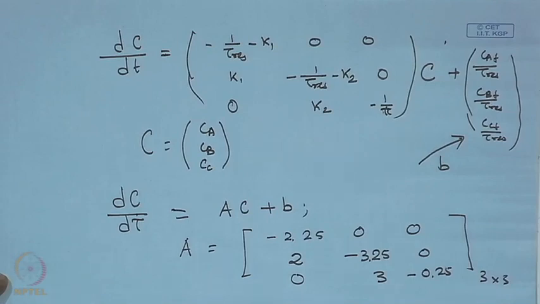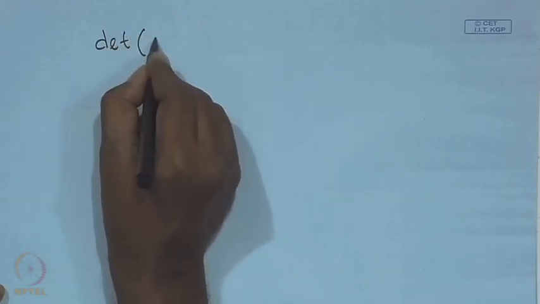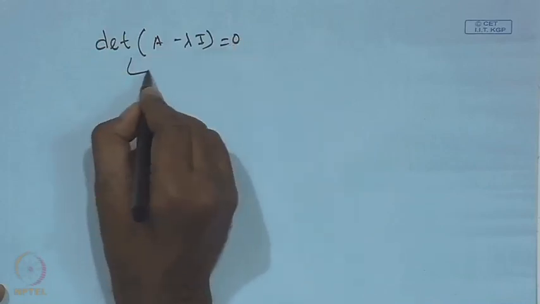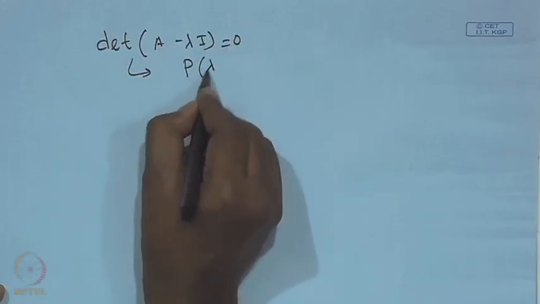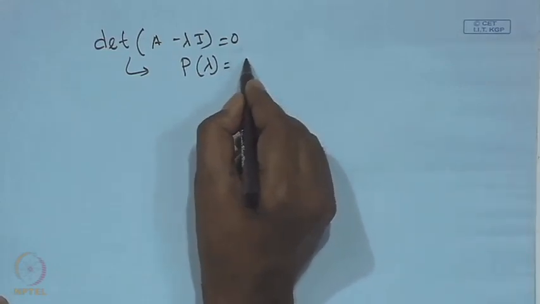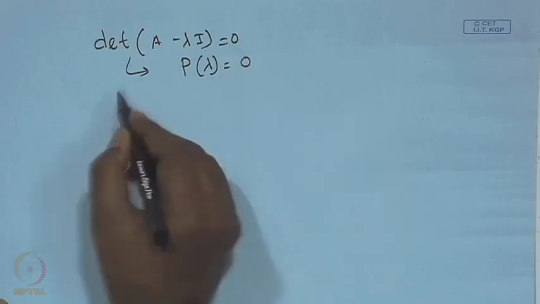Now, this is a 3 by 3 matrix. So, we can evaluate the eigenvalues of this matrix, and we can obtain the eigenvectors. For the eigenvalues, what we do? We put determinant of A minus lambda I equal to 0. So, you will be getting a polynomial of lambda, and this polynomial will be a third order polynomial, and you will be getting 3 roots, corresponding to the eigenvalues.